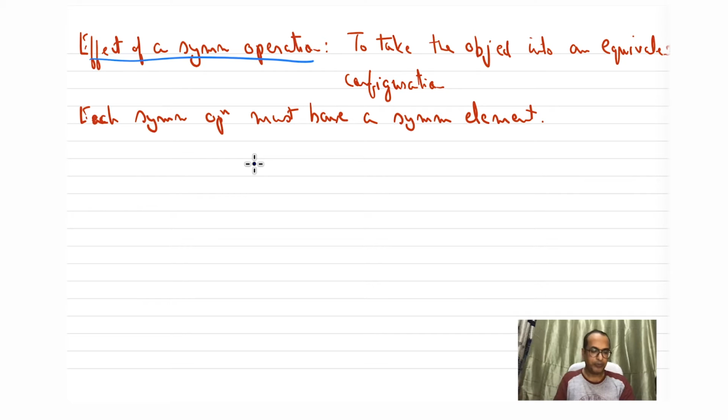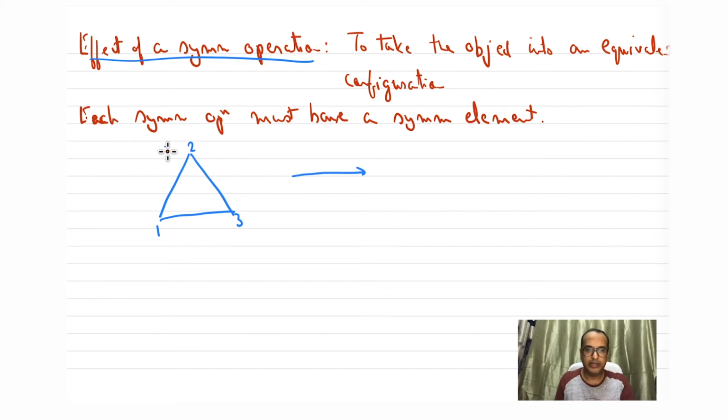Let's not get confused between symmetry element and symmetry operation. Let's say we are carrying out a rotation, and this is an equilateral triangle. Let's define the vertices as 1, 2, 3. Now let's say you're rotating this.